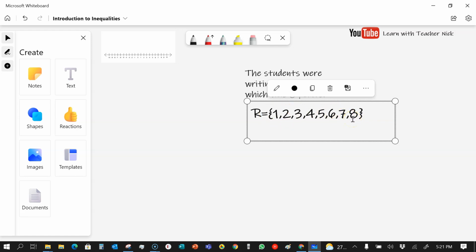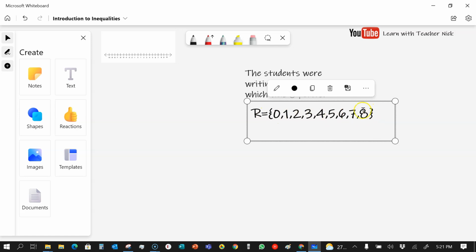No student can get 9. Or I can also put a 0. So a student is going to get 0 or 1 or 2 or 3. But no student is going to get -1 or any of the negative numbers. And no student is going to get 9 and above. All right? So these students can get 0, 1, 2, 3, 4, 5, 6, 7, 8.